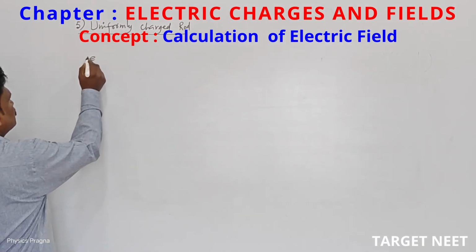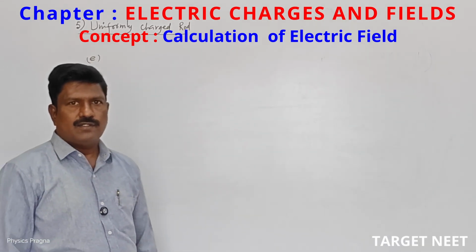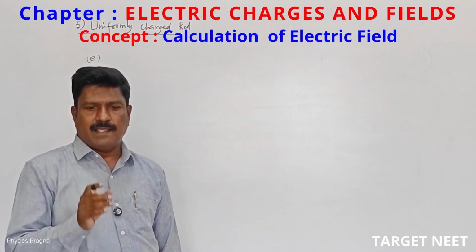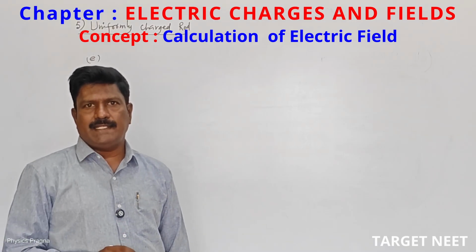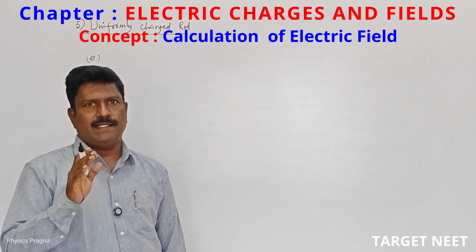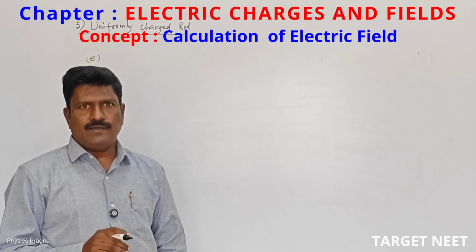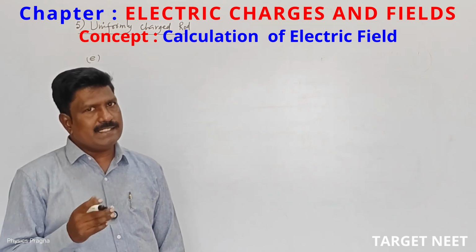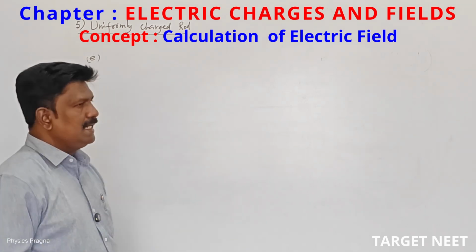So far we have taken a point where the electric field is calculated symmetrically. Now, if the point is not symmetric, then how do we calculate?